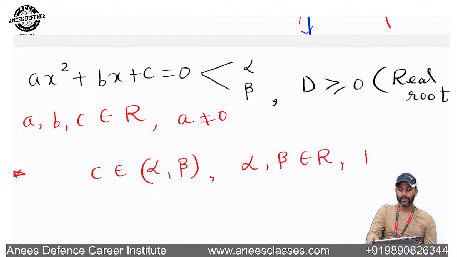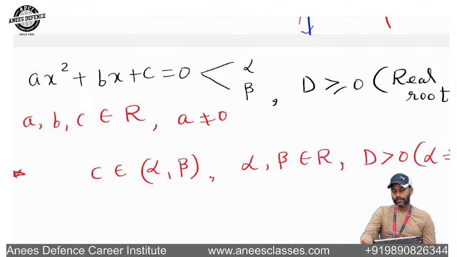It means D must be greater than 0, not equal to, because in that case alpha and beta may be equal. So c is a number in between alpha and beta, and D is greater than 0. It means alpha is not equal to beta. If alpha and beta are equal, then we can't take any value between alpha and beta. So that is the condition.